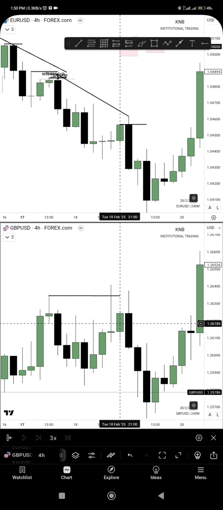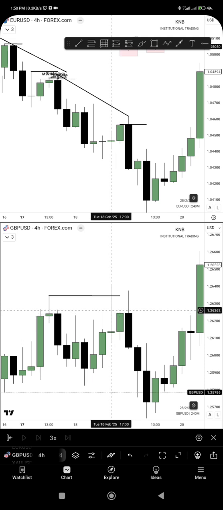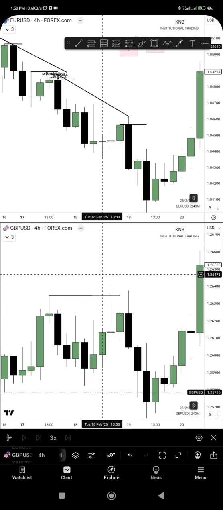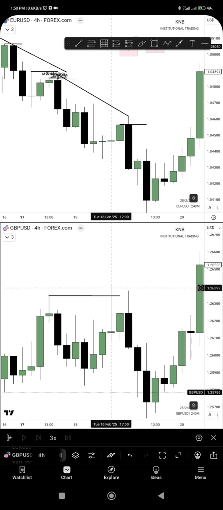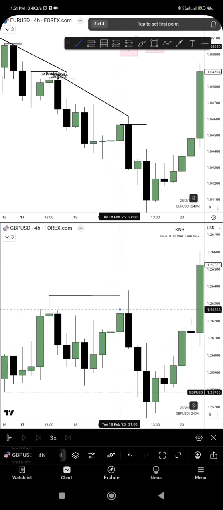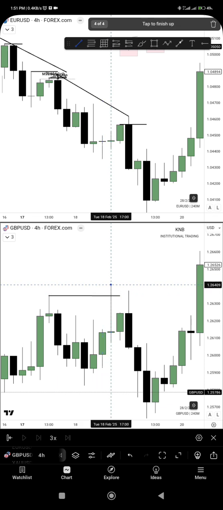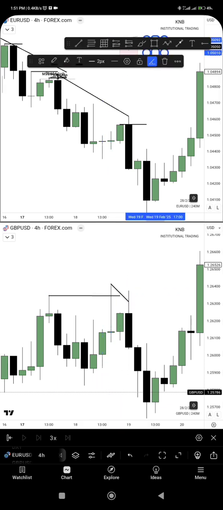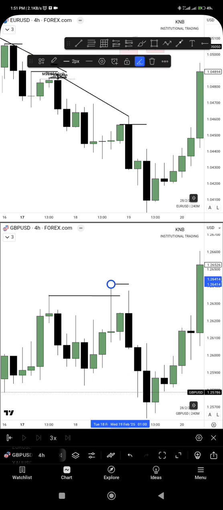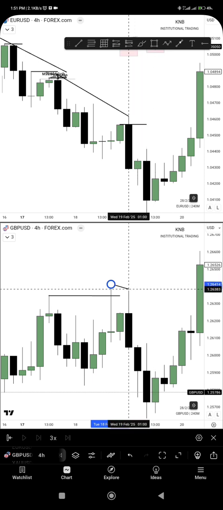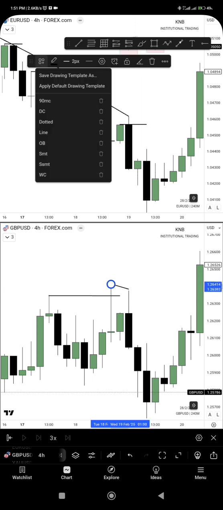However, look at this candle right here, this 5 p.m. candle. Compare this 5 p.m. candle with the 5 p.m. candle on EU. Can you see this? Boom, boom. Can you see? SMT.